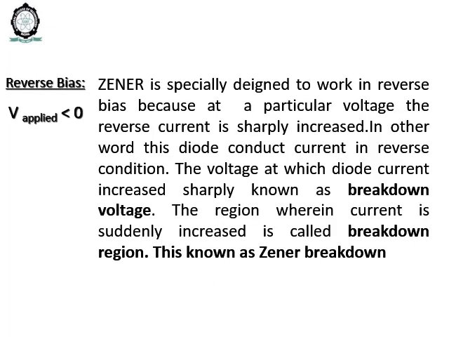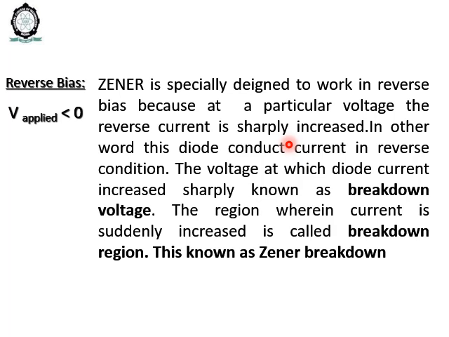What happens when reverse bias is applied? The Zener diode is especially designed to work in reverse bias condition at a particular voltage. At that particular voltage, the reverse current increases very sharply.